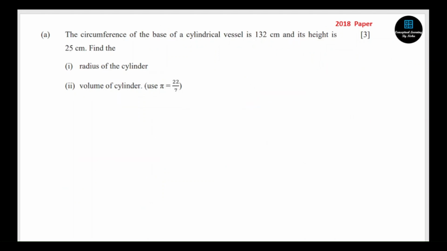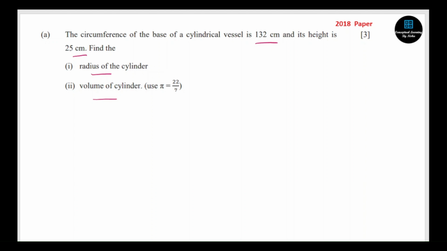Now next, a 3-marker question from the 2018 paper. The circumference of the base is given as 132 centimeter and the height is given. We have to find the radius and the volume of the cylinder.